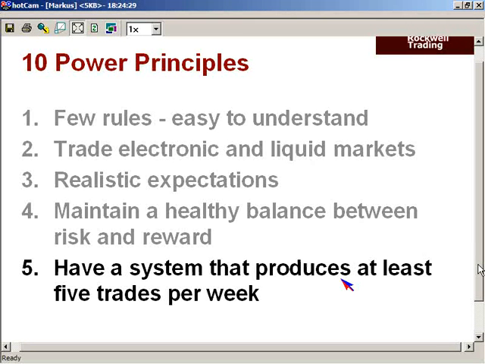So 5 trades a week is the minimum. Make sure that you're not overtrading, so don't have 50 trades per day. This doesn't make sense. I personally believe anywhere between 5 and 15 trades per week is all you need, because you can use leverage in the futures, in the forex, and even in the stock market to really just take the high probability trade and then trade size.